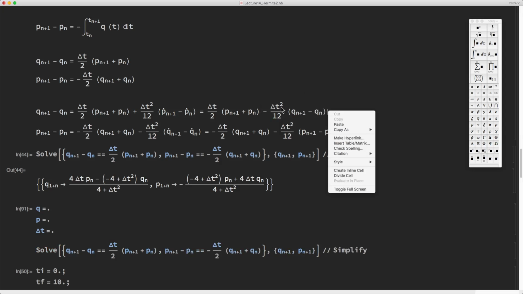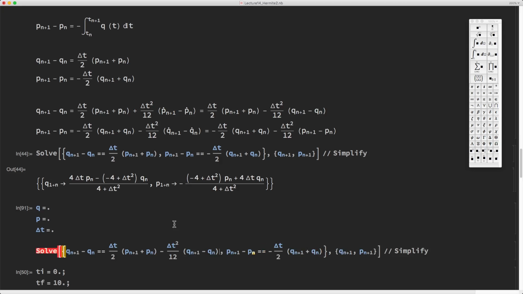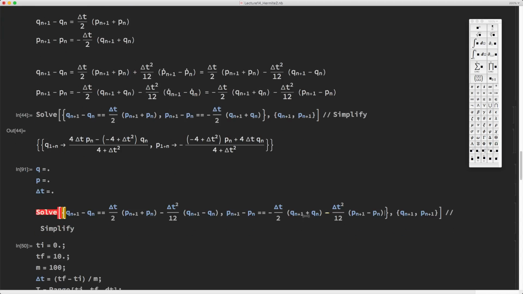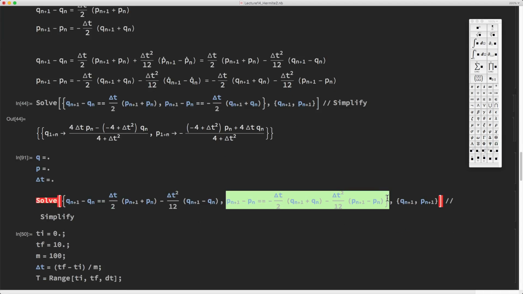Okay, so now I can take these expressions here and put them here. Let's try this again. Copy and paste here. So that's the expression for Q. That's the Hermite rule for Q. And then that's the Hermite rule for P. We have this correction. Okay, so in each time step you have to iterate this equation and this equation.